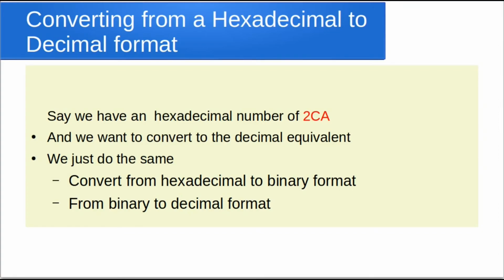So what we want to do is convert it to the decimal equivalent. And to do that, as I said from the beginning, the easiest way is to think like a computer. So we convert it from a hexadecimal to a binary format, and then from the binary format to the decimal format. Okay, there's other ways, so this is just an easy way of remembering and doing it.